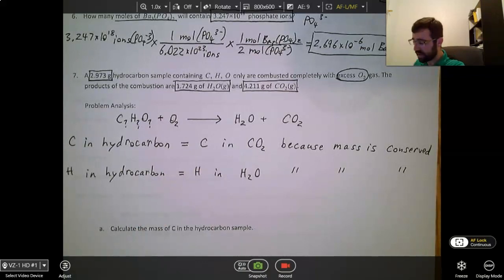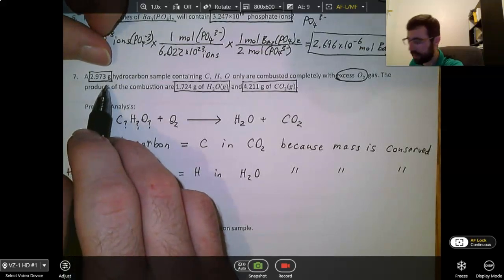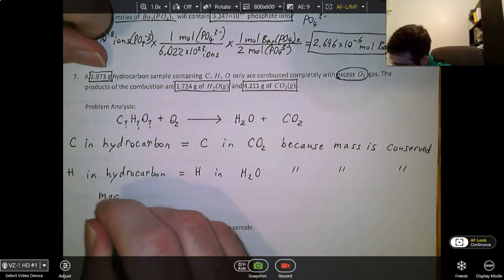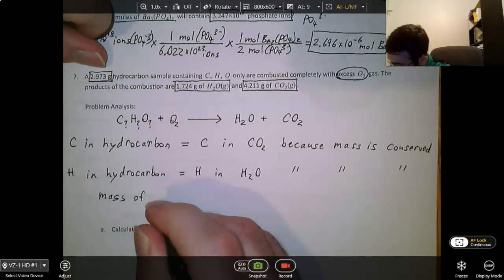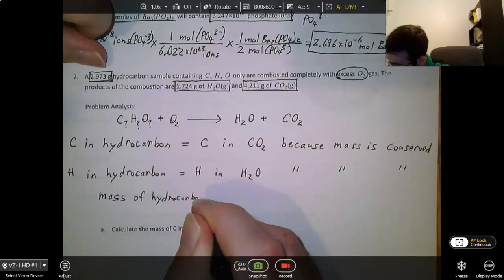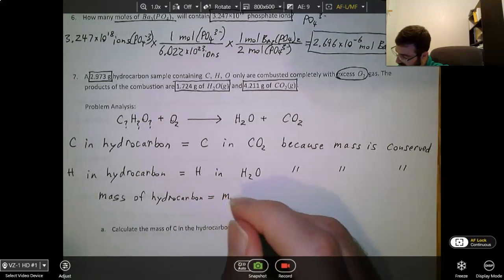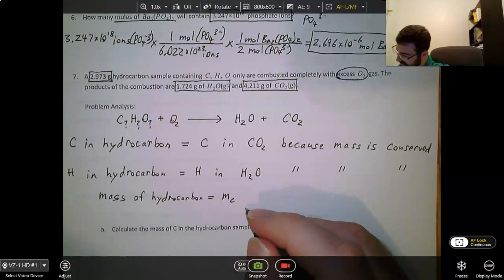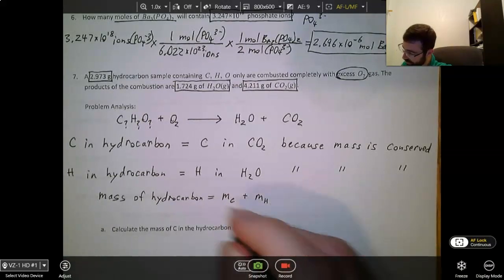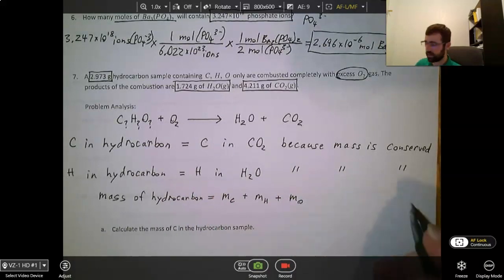But what I do know is I've got the mass of the hydrocarbon sample, the total amount of mass. So the mass of the hydrocarbon has to be equal to the mass of carbon plus the mass of hydrogen that we figured out plus the mass of the oxygen.